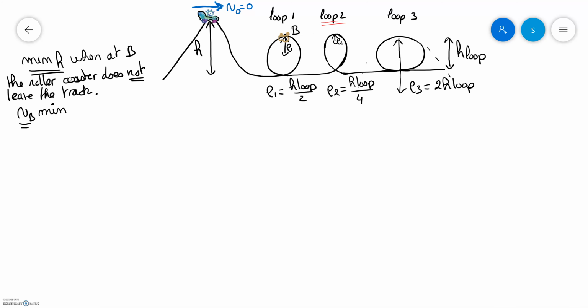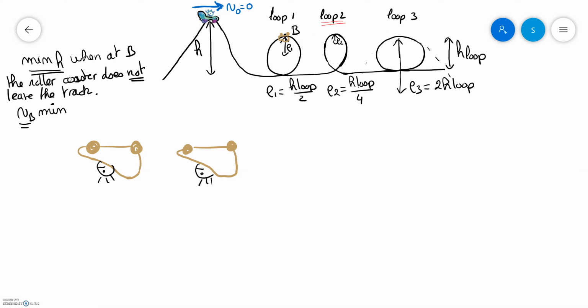Okay, so that's my roller coaster, and that's my kinetic diagram. And we have someone inside, very happy to be there.